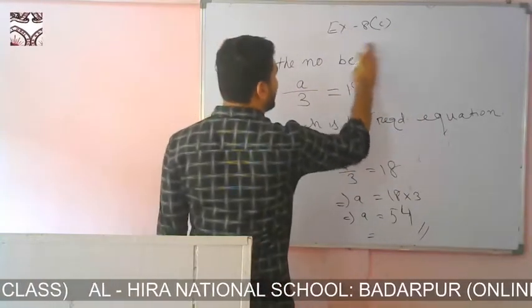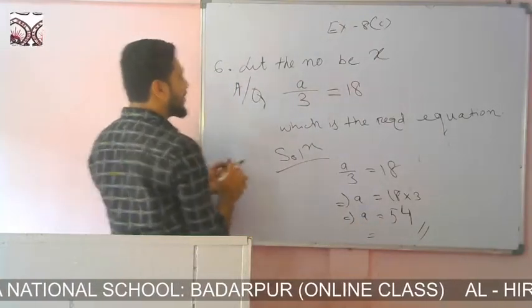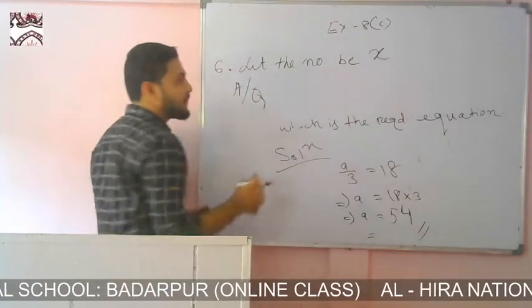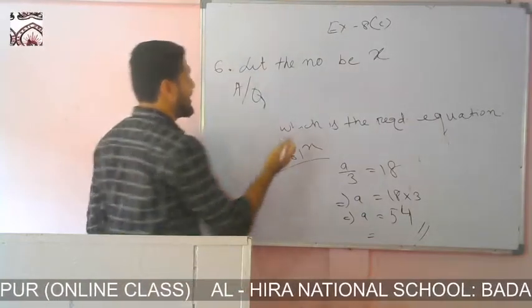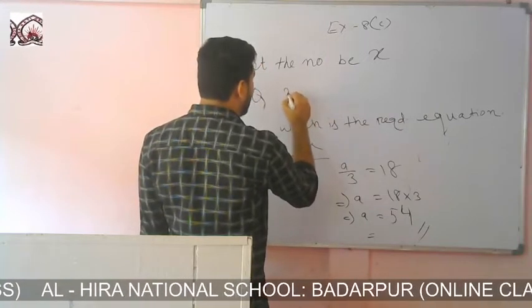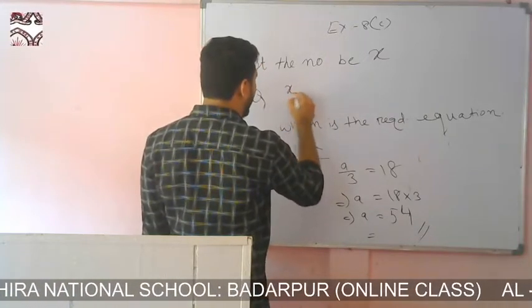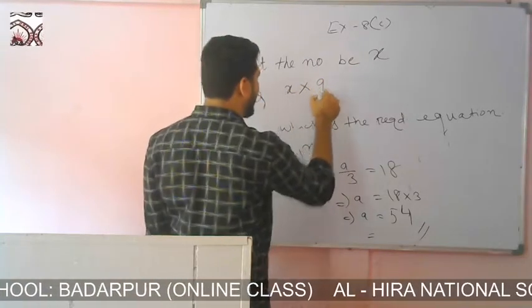And according to the question, the product of 9 and a number. That means I can write this is the number and the product of 9.